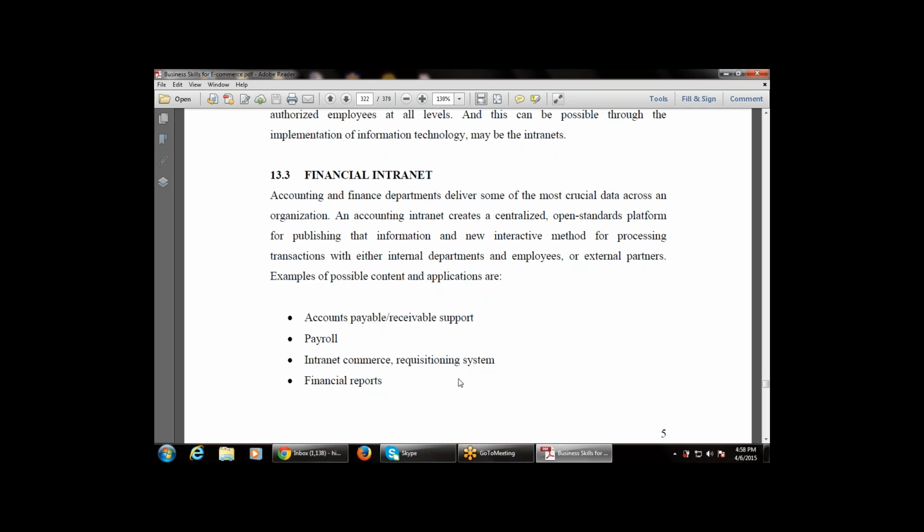First of all, the financial intranet is used with the accounts and finance departments. So what would be included in the accounting intranet?